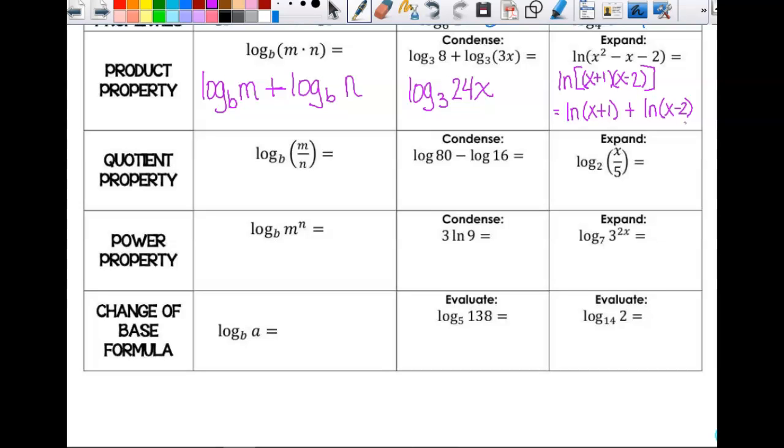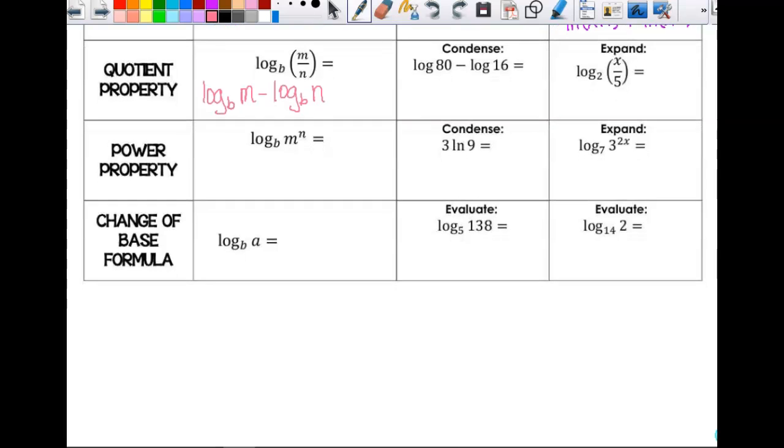All right, so our quotient property, we can change division and split it into subtraction. So this would be log base b of m minus log base b of n. And I can use that to condense and expand. So here subtracting, that would be 1 log where they're being divided, 80 over 16.